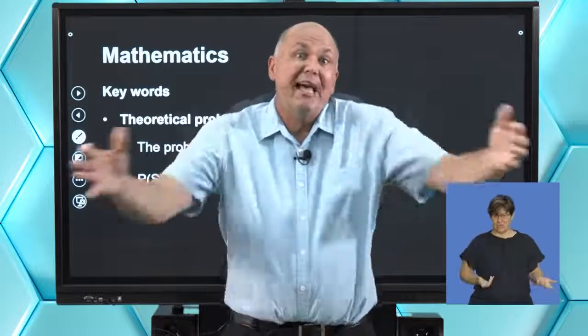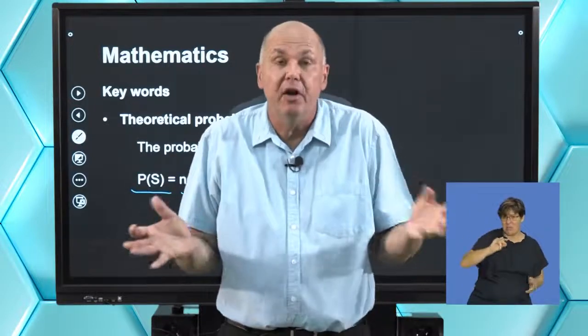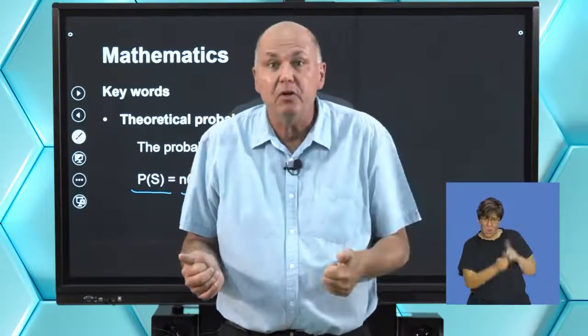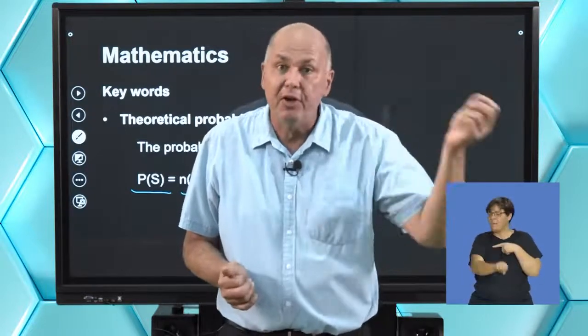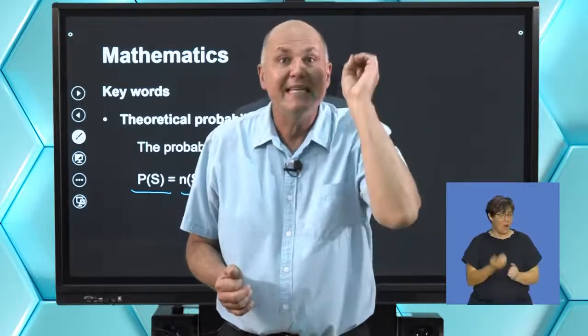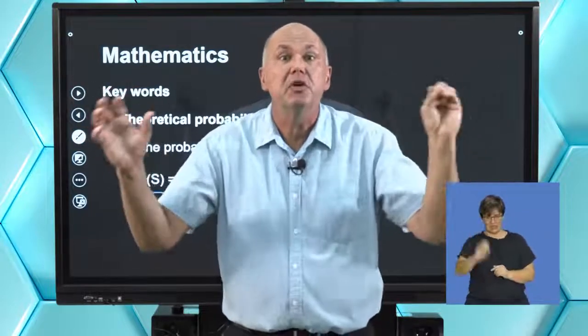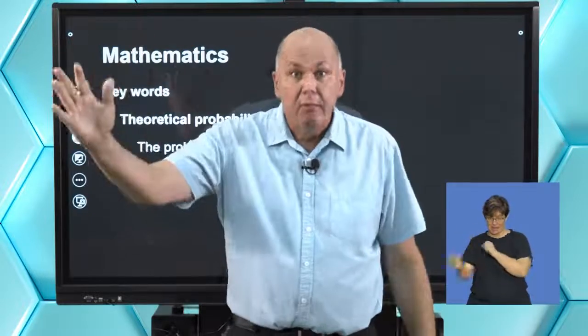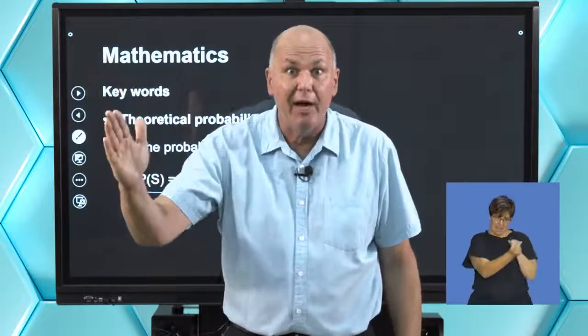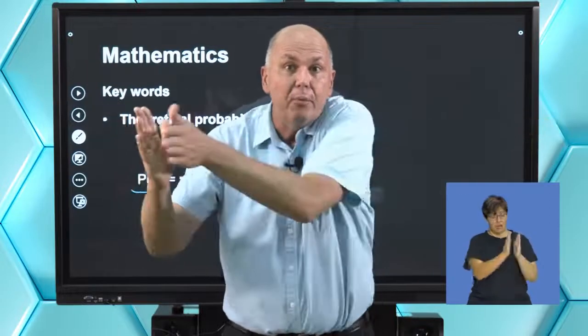Of all the animals on the earth that we know about, there's not one unicorn. So it's never going to happen. The probability is 0. So there are two extremes in probability: 0, not going to happen, and 1, definitely going to happen. All the other probabilities lie between 0 and 1.